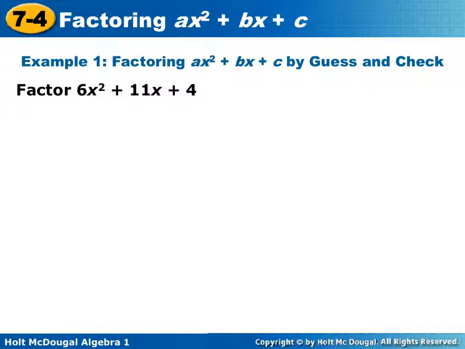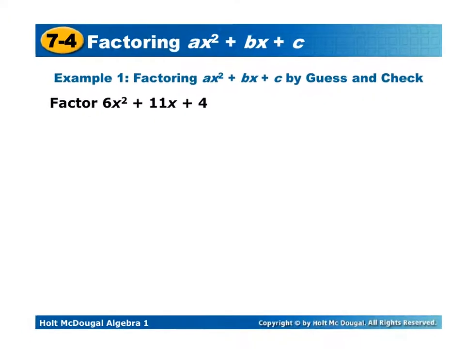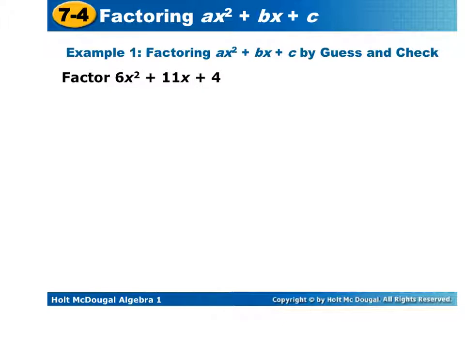Now we're going to do one without step by step. So here we go. Step number 1, multiply the first and the last term. I get 24x squared.